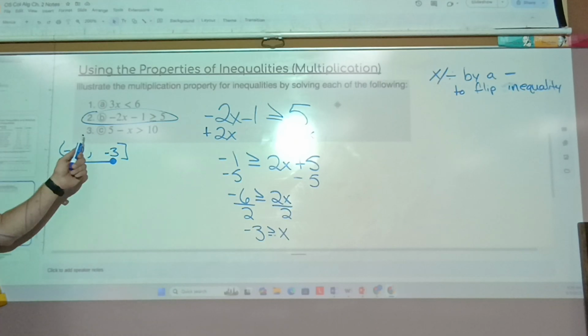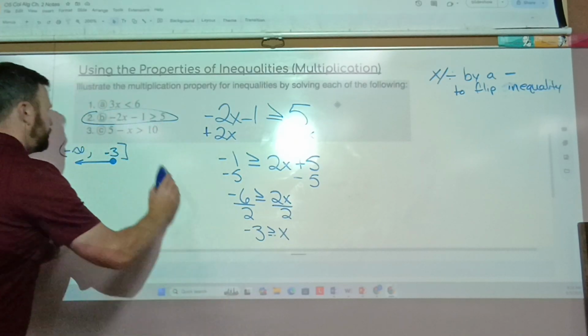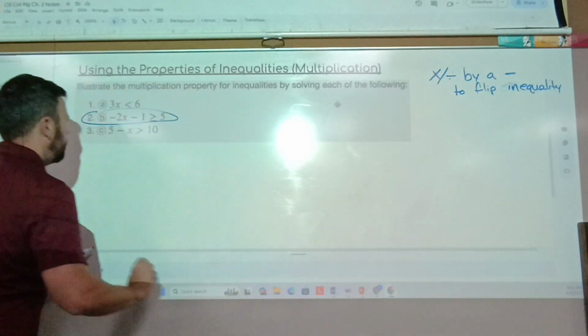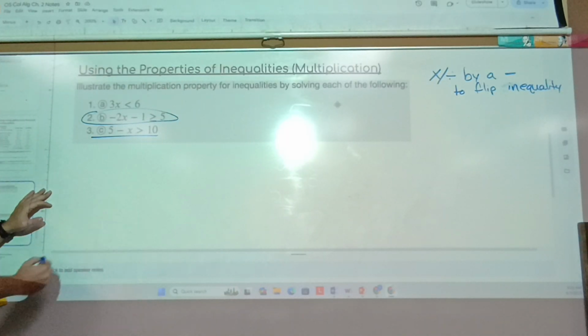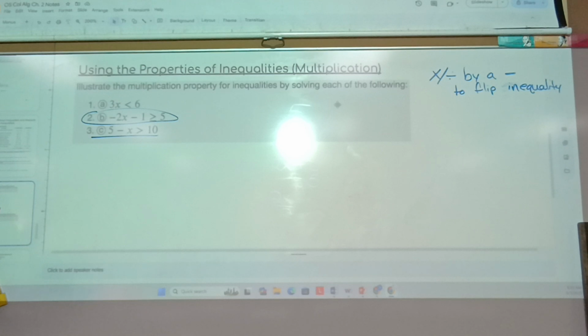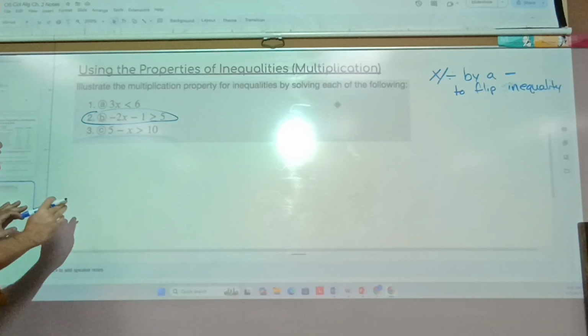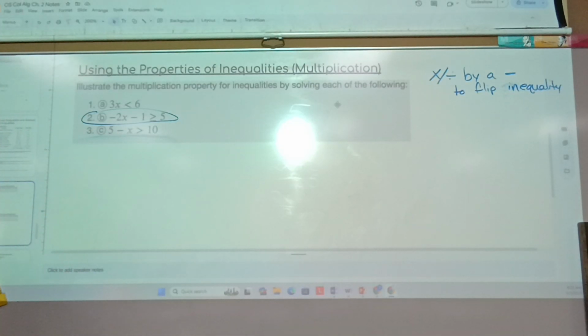So on number 3, what could you actually do if you didn't want to? We'll do 3C. I don't know why there's a letter and a number. What could I do on this one if I didn't want to divide or multiply by a negative? I could add the x over. I could 100% add the x over and then solve it if I didn't want to remember extra rules.